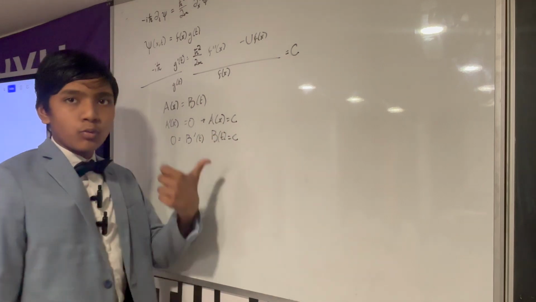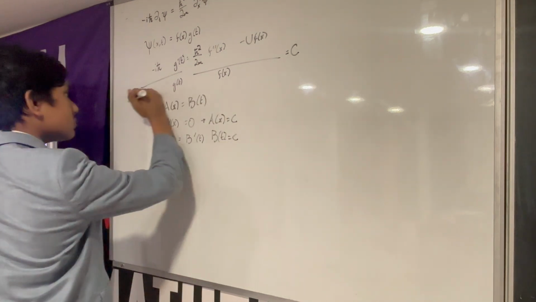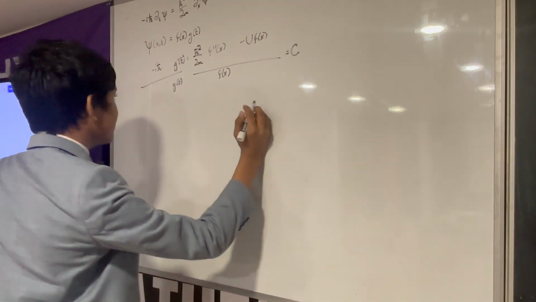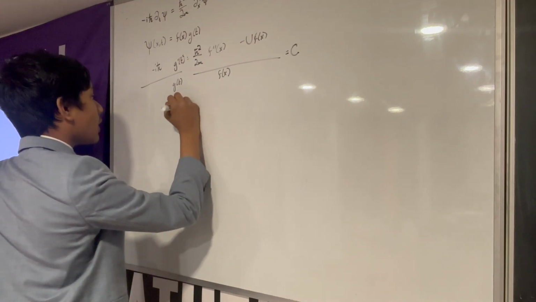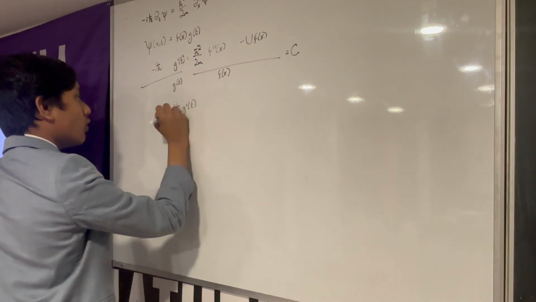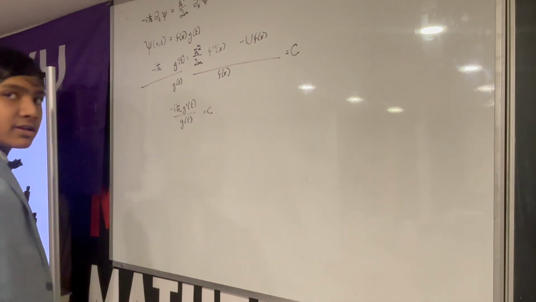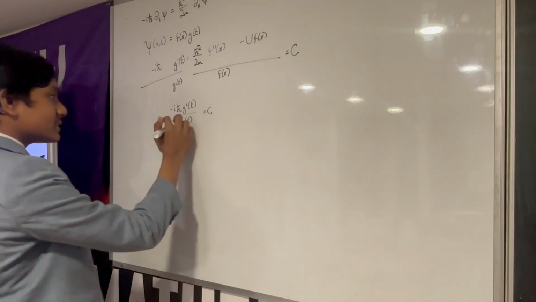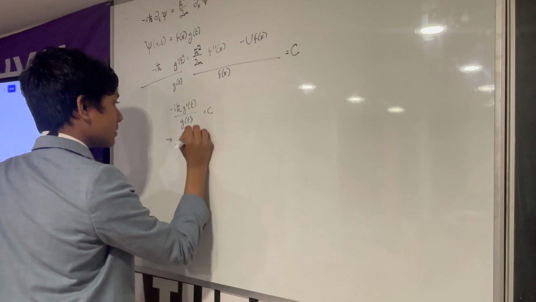We'll talk more about what this constant actually is next time. So, that gives us two equations. The first one is minus i h bar g prime of t over g of t is equal to c. Now, it's fairly easy to see that this can actually be transformed into a linear equation.